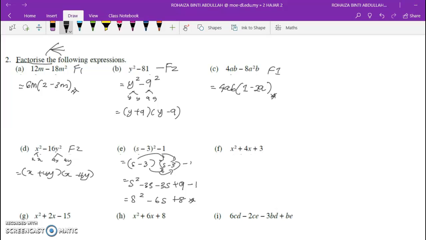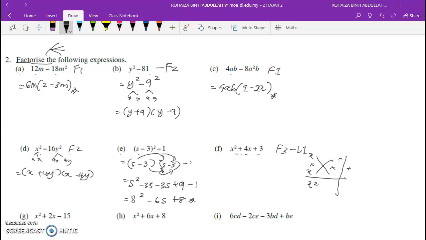Okay, 3 terms. So, use factor number 3 level 1. Kan? Okay, kita buat kat tepi lah. Sebab kita nak buat multiply kan. Multiply plus. Okay, x multiply x is x square.